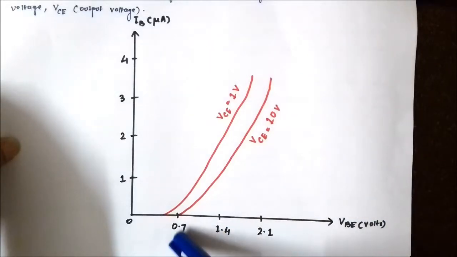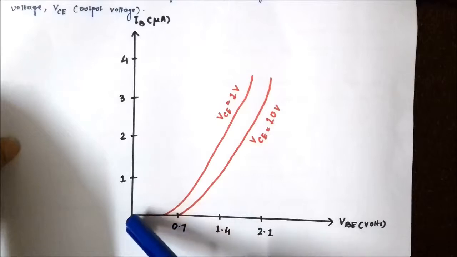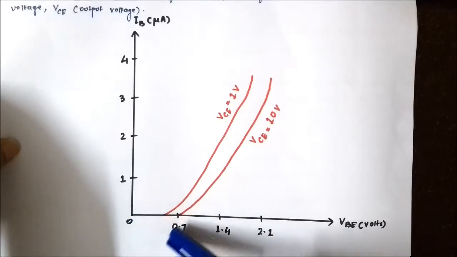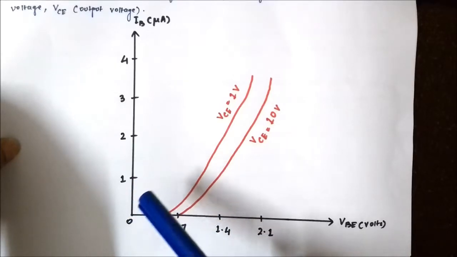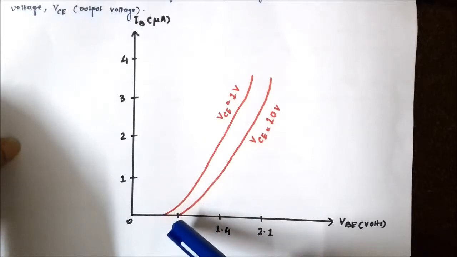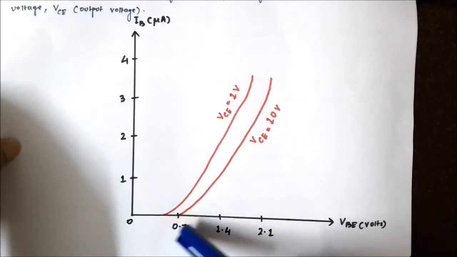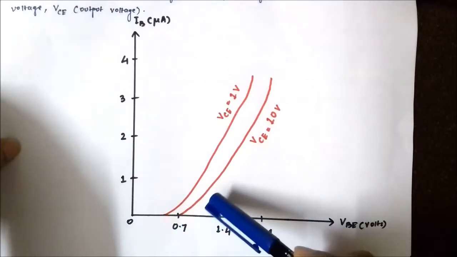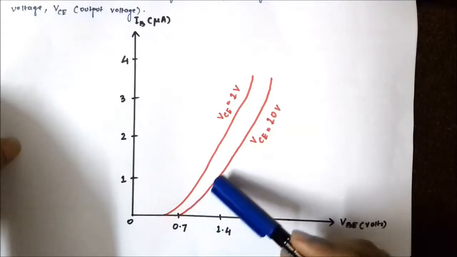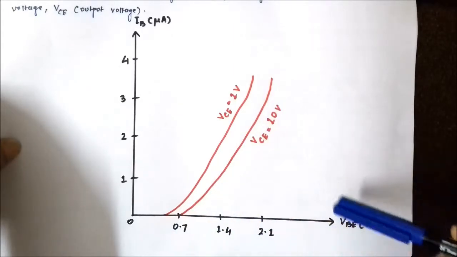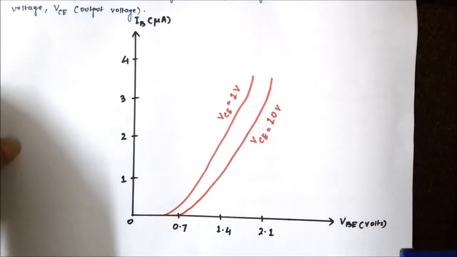So here, as you see, up to 0.7 volt of VBE or base emitter voltage, there is actually no base current or no input current. But suddenly when it approaches the 0.7 volt mark and the base emitter voltage is increased beyond that, there is a sharp increase in the base current with respect to the base emitter voltage.